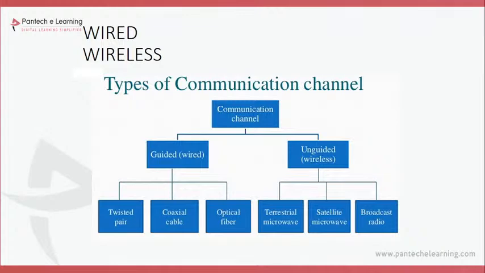Then satellite microwave. Before that, how are communications used in satellite communication? Satellite communication is a crucial form of wireless communication. That means people all over the earth can communicate with each other.